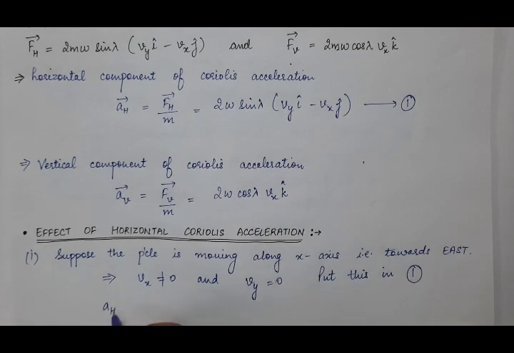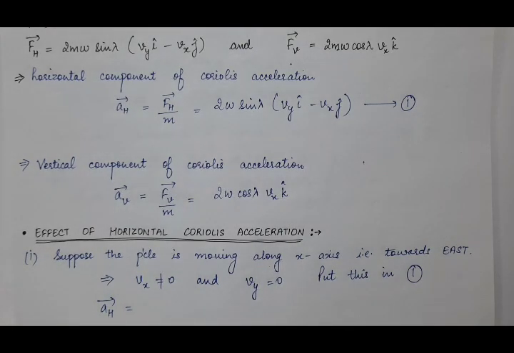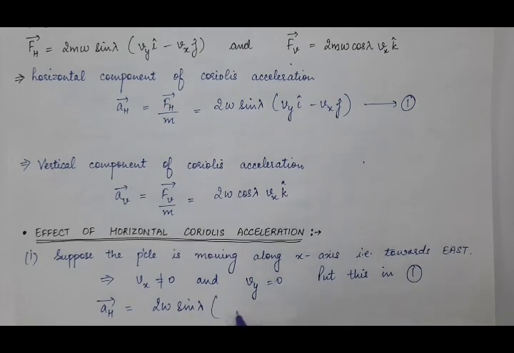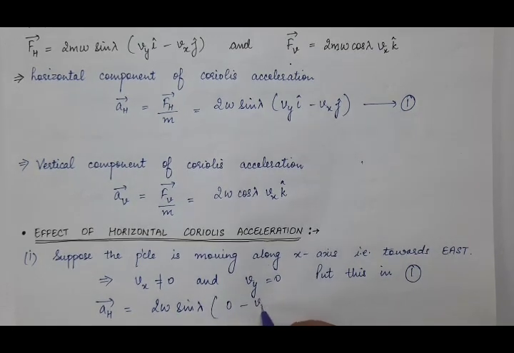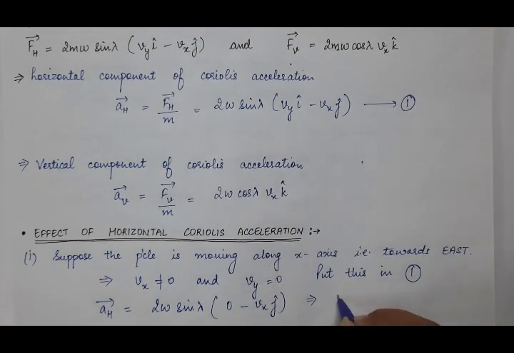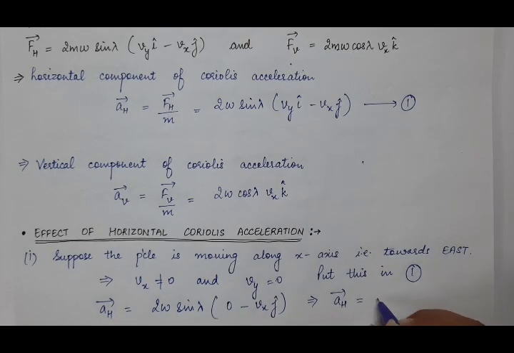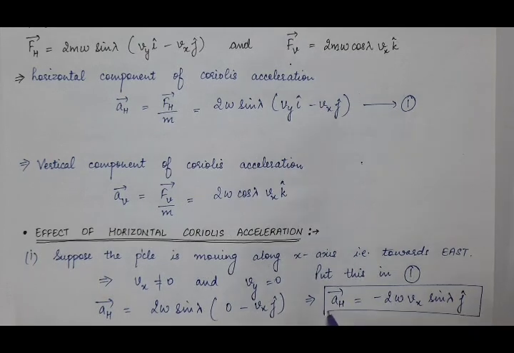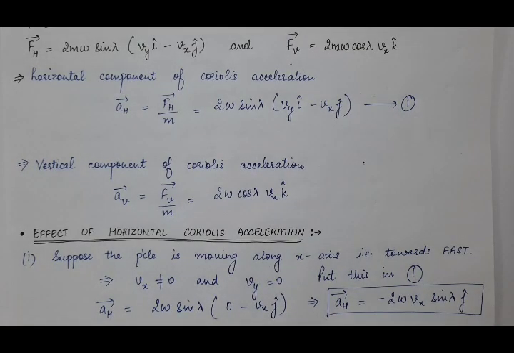So AH will come out to be 2 omega sine lambda (0 minus Vx j cap). This implies the horizontal component of acceleration is equal to minus 2 omega Vx sine lambda j cap. This is the expression for the horizontal component of Coriolis acceleration if the particle is moving along the x-axis, that is, towards east.